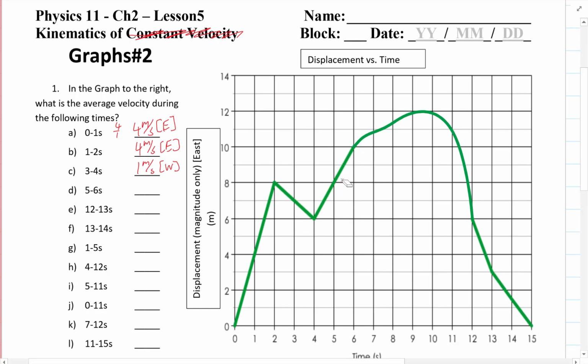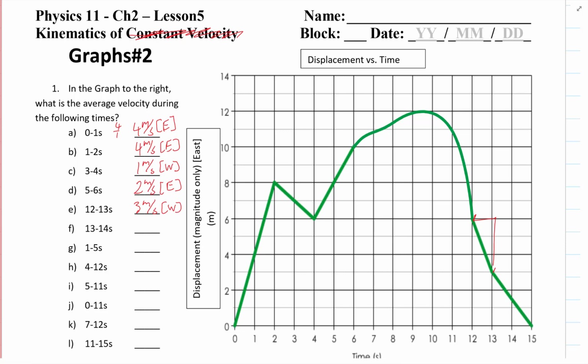From 5 to 6, okay, it's up 2 in 1 second. So that's going to be 2 meters per second east. Now from 12 to 13, during this straight portion here, it goes down 3. So this is going to be 3 meters per second west.